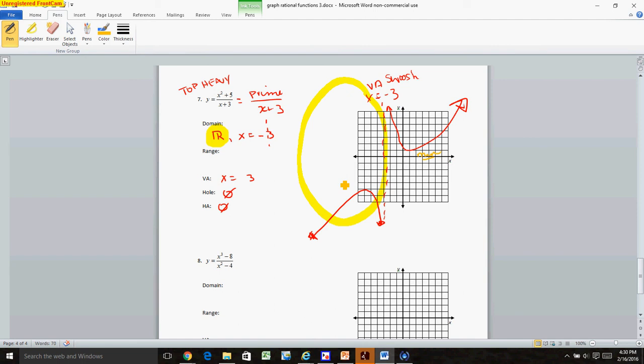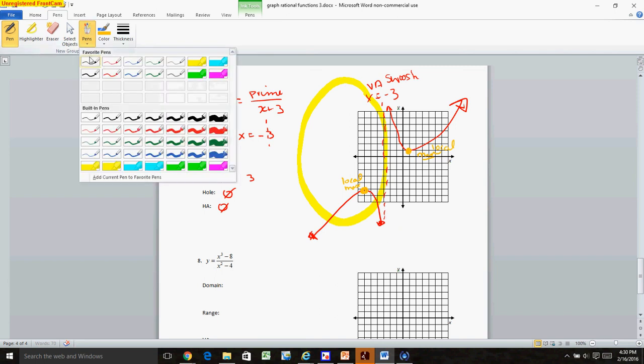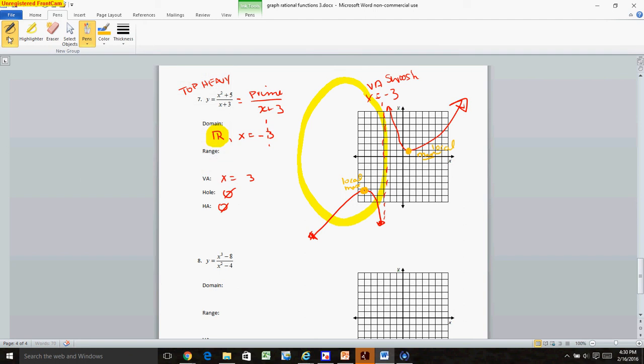You have a local max and a local min. How do you find them? Your calculator. And why do you need to know them? Because that gives you your gap.